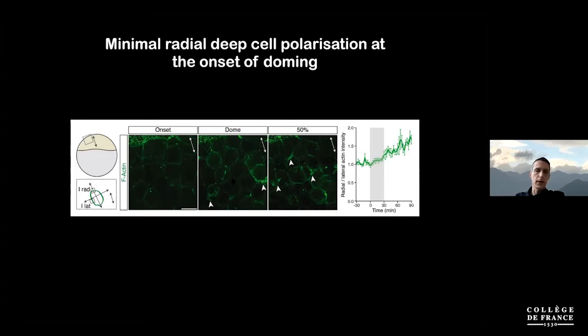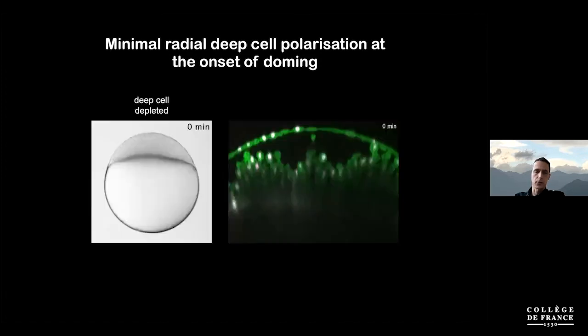So that sort of indicated and posed a problem: that this proposed mechanism of anisotropic stress generation by active radial cell intercalation is presumably not at work at early stages of doming. So we had to look closer into it and see how we can get doming in the absence of this process.